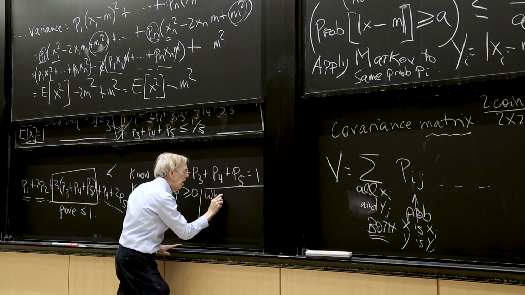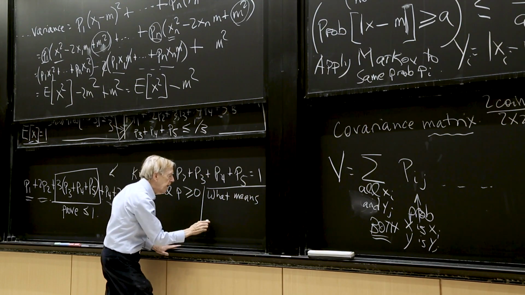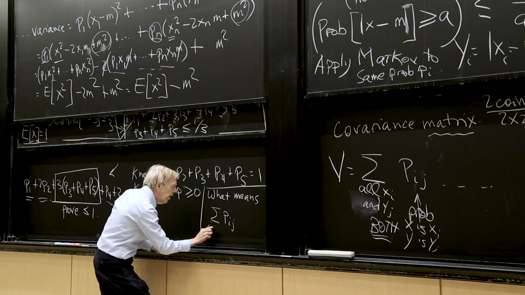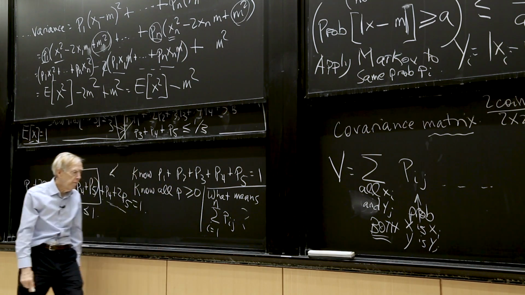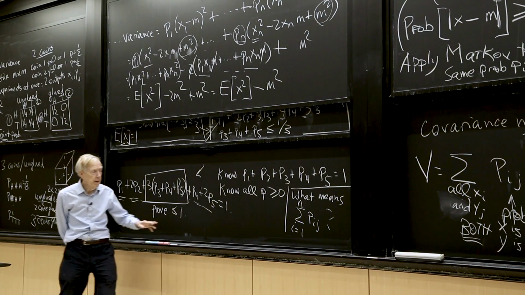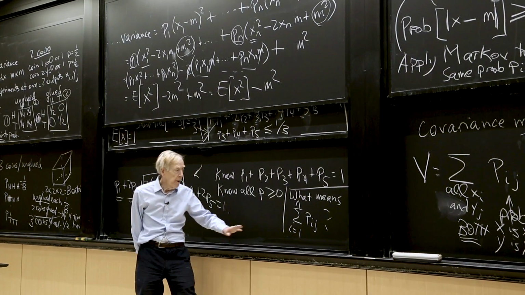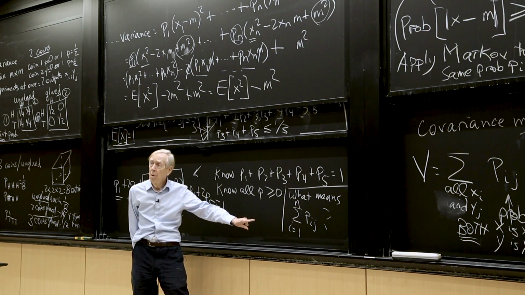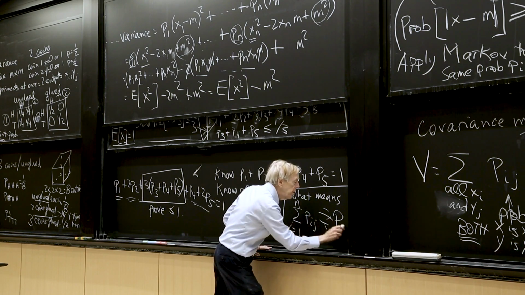What's the meaning of the sum of Pij over the i's? Pij is the probability of getting a certain i and a certain j. But now I'm including all the i's. So what am I seeing there? Pj, thanks. This is Pj.